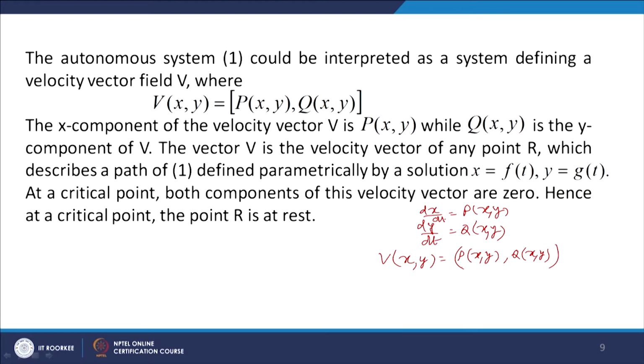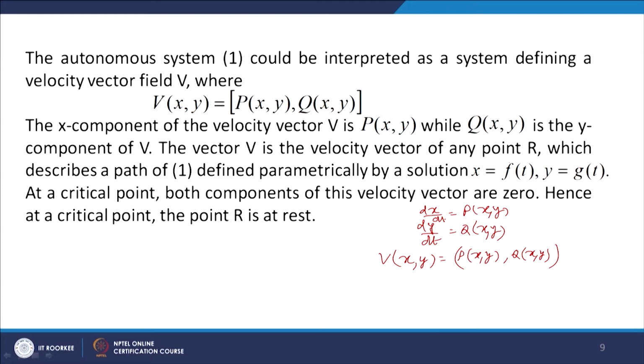The velocity vector V at any point R describes a path of system 1 defined parametrically by a solution x equal to f(t), y equal to g(t). So you take any path of the system 1 which is defined by the solution x equal to f(t), y equal to g(t), and R is a point on that.